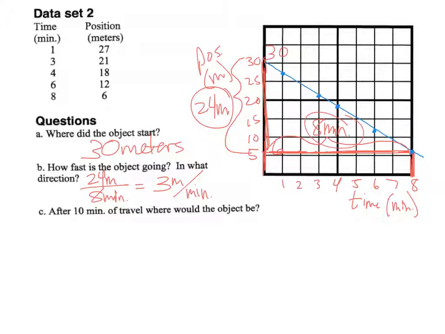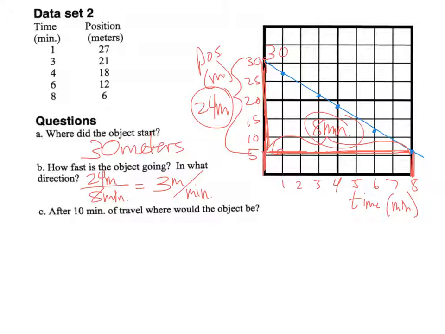That is how fast. Now, the question of what direction. This is important. What kind of slope is this? Which is something else I should have done. The change in position here, if you'll notice, it starts at 30 and it goes to 6.